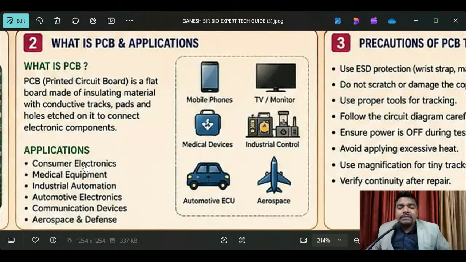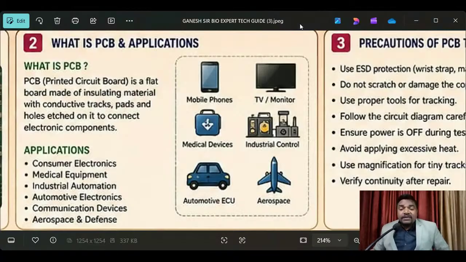And see here, what are the things? Mostly common: mobile phones, TV monitors, medical devices, industrial control, automotive ECU, and aerospace. Applications: consumer electronics, medical equipment, industrial automation, automotive electronics, communication devices, and aerospace and defense.